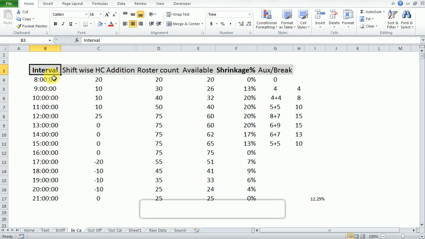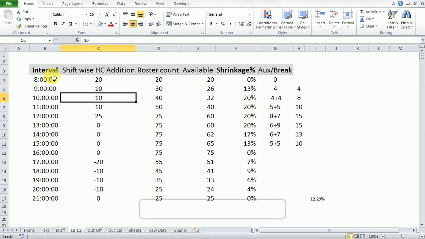Okay, shift wise head count addition. When we start our day, we have 20 head count, 20 manpower, and 20 is the roster against the 20 head count. Now the available head count is 20. At 9 a.m., 10 more people come and the roster count would be 20 plus 10, 30.